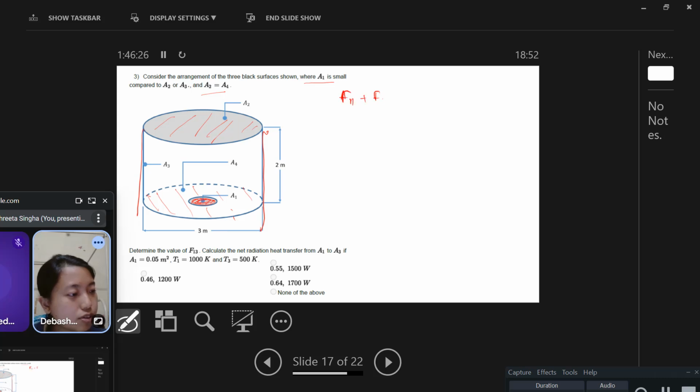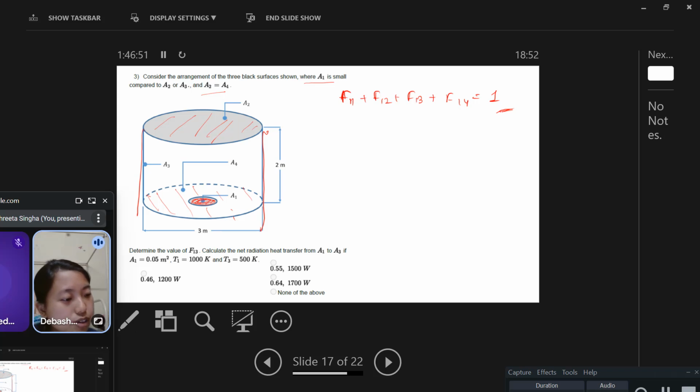So here F11 plus F12 plus F13 plus F14. There are four surfaces, all should sum to 1. Now these are also all bounded surfaces, so we don't need to consider extra surfaces, and the total view factor here is 1.